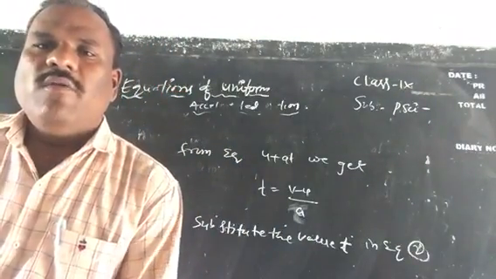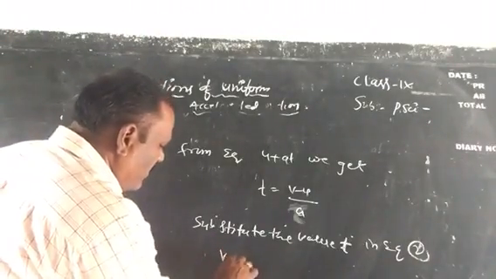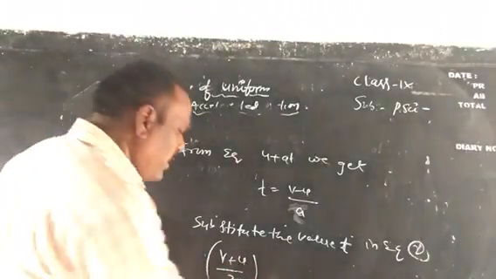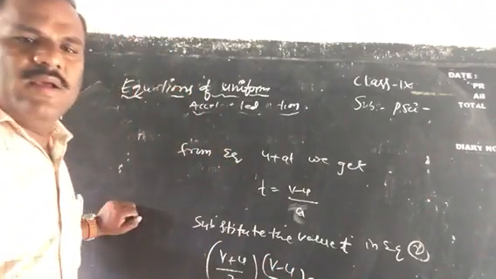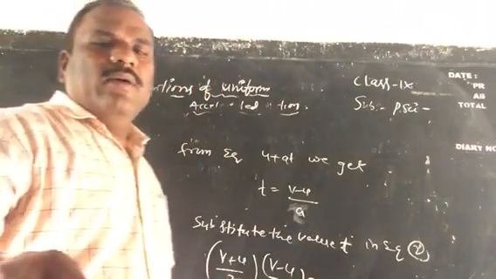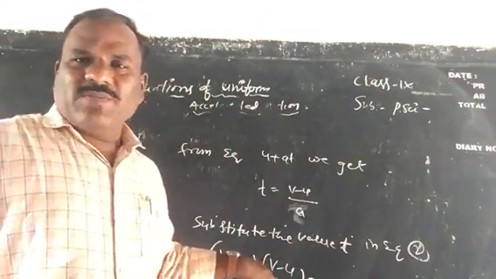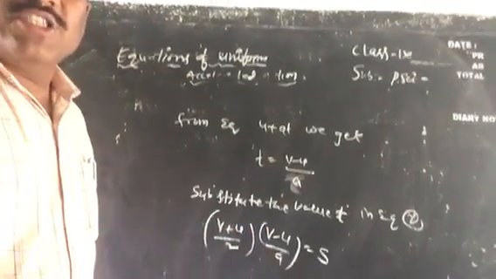You get v plus u by 2 into v minus u by a equal to what? You know very well, children, a very simple identity: a plus b into a minus b equal to what, children? a square minus b square.